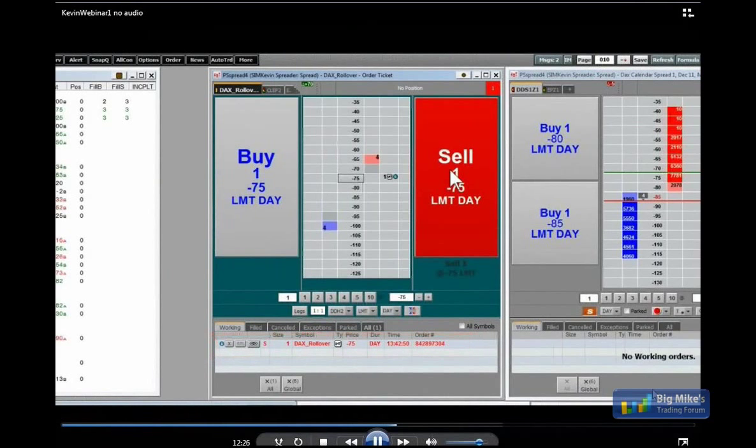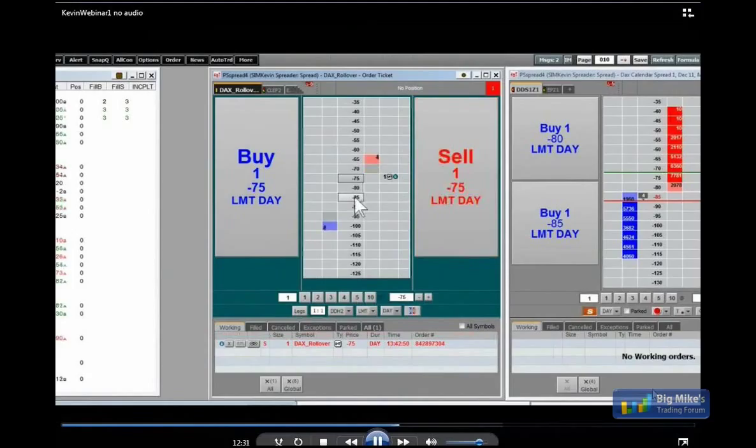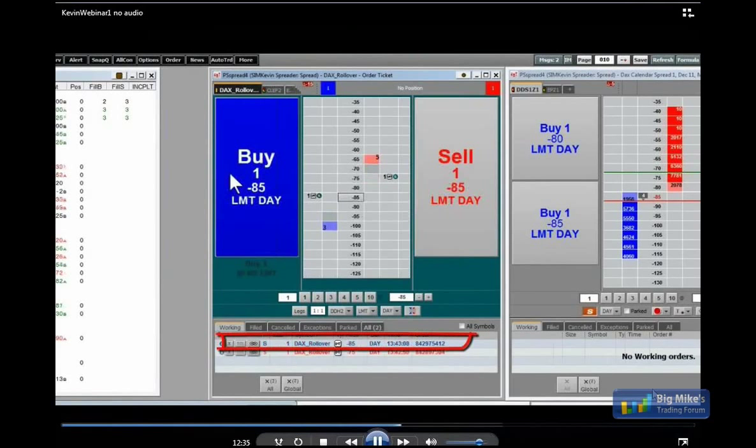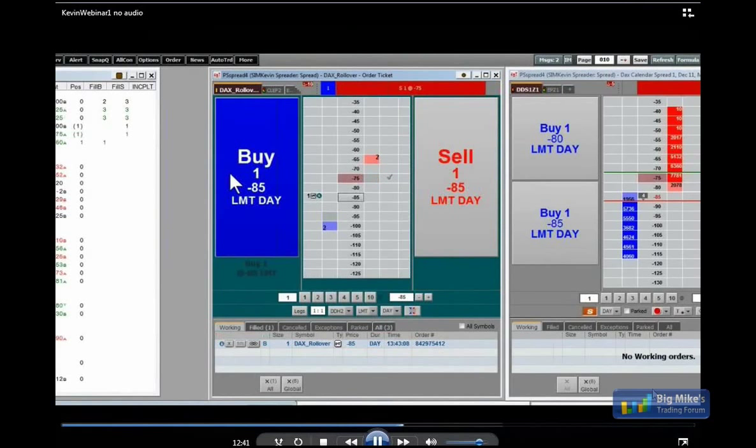Within the order ticket there, I also see that working order. Again, it's a strategy I've named DAX rollover. Choosing the lower level now, I'm going to bid this at -85. And I'm getting some fills here.